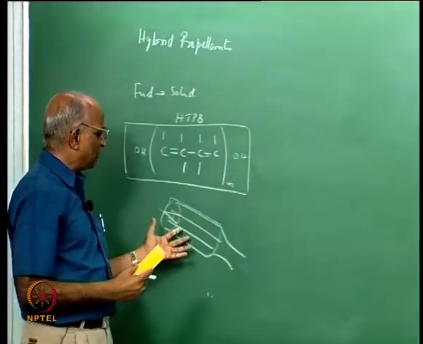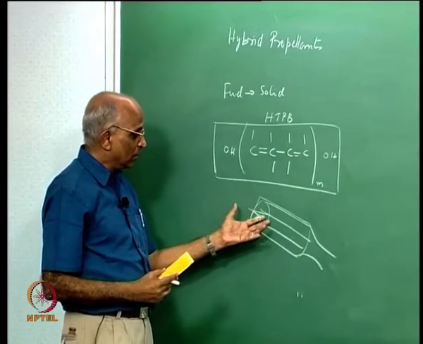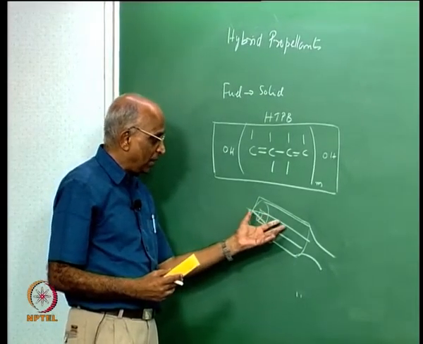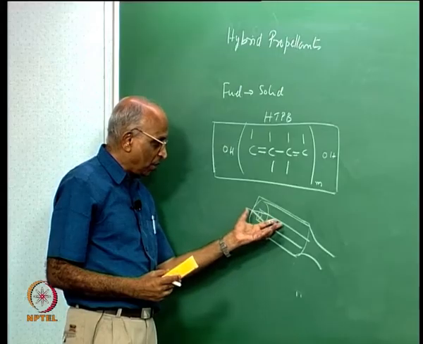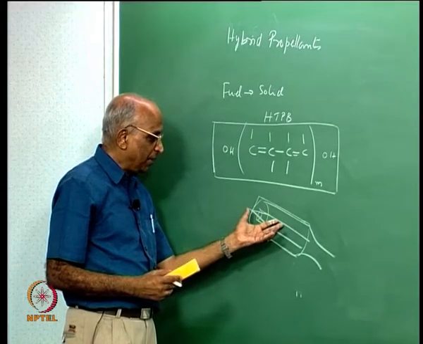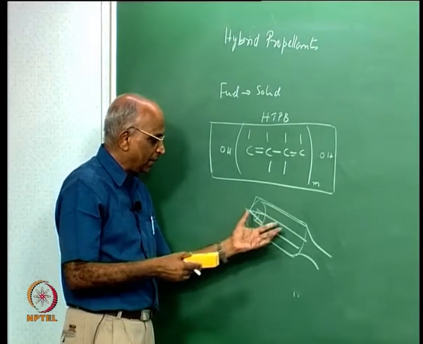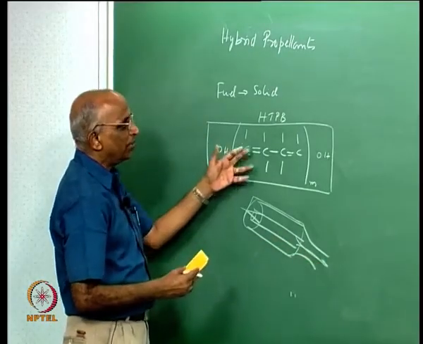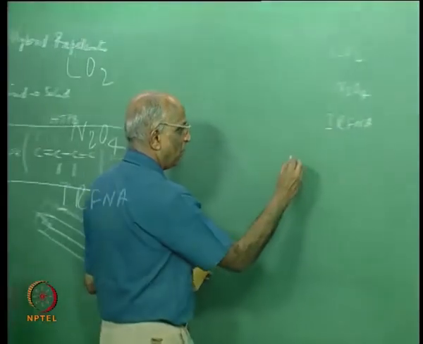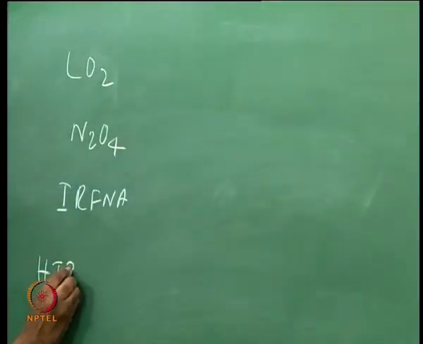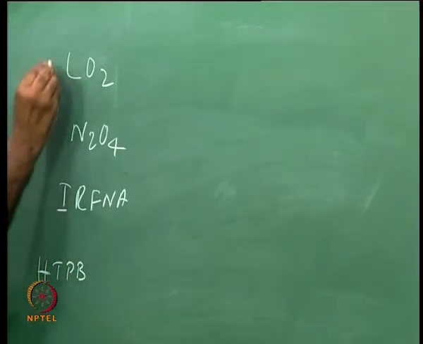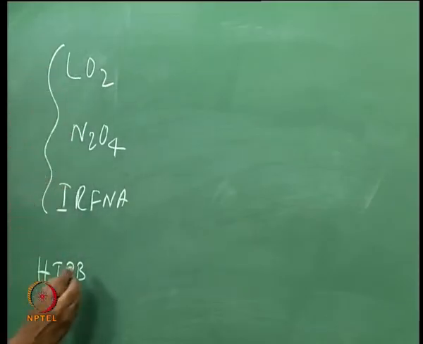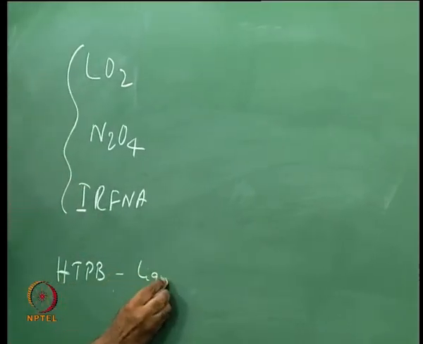If I use one of these and allow the liquid to come in contact with the solid, it will begin to react, and then I get the hot gases out. These are the hybrid combinations: essentially HTPB as a solid fuel and one of these 3 oxidizers as a liquid oxidizer.